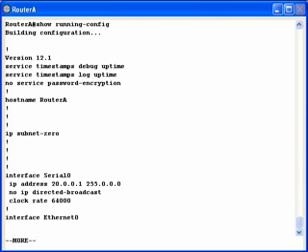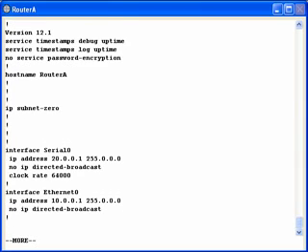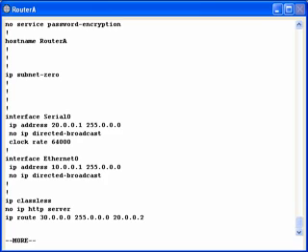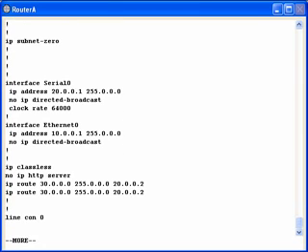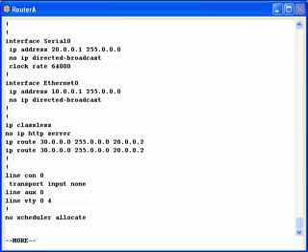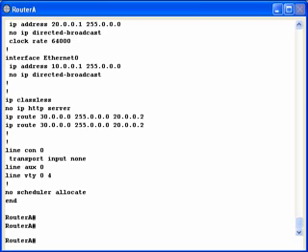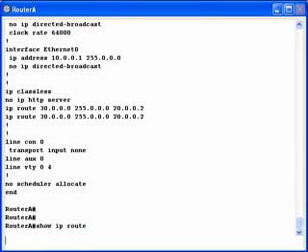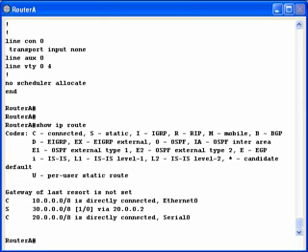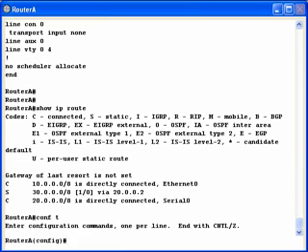Let's check the IP address and various running configuration of router A. The IP route command shows that there is already a static route. The show IP route command displays the current status of the routing table. The S letter indicates the presence of a static route.